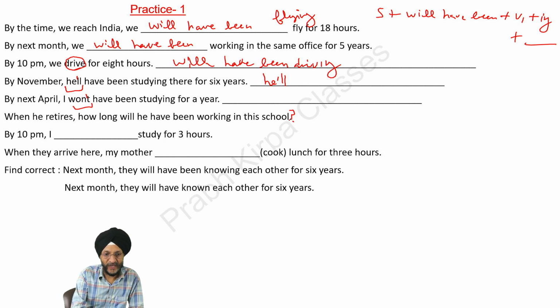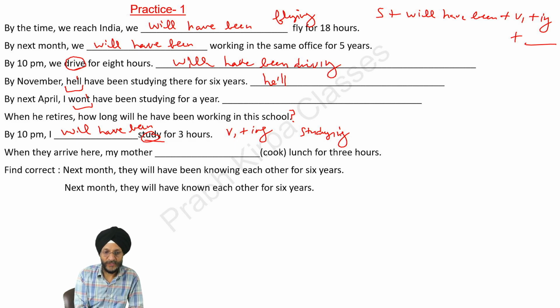Next, by 10 p.m. I will have been studying. This is the first form of the verb. We have to add ing. Study becomes studying. I will have been studying for 3 hours.